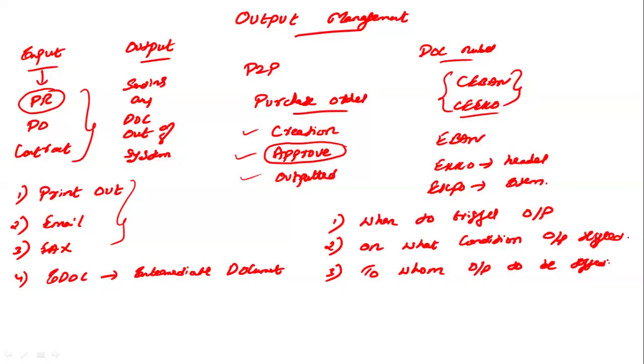So how are we going to do this automatically? How are we going to trigger the output automatically? That is what output management is, and that is what we are going to see today.